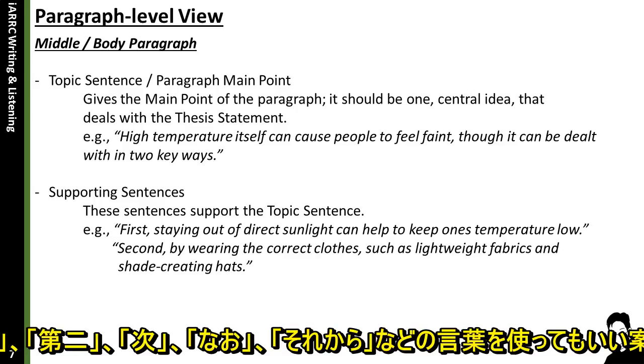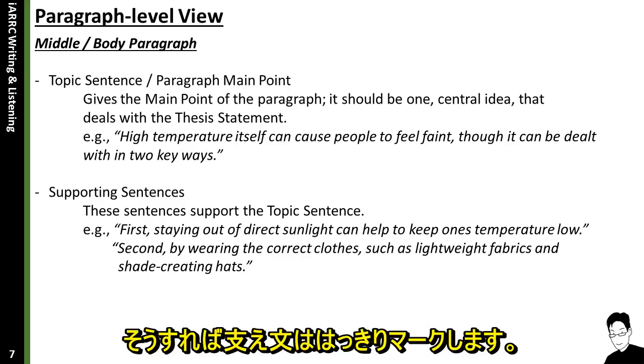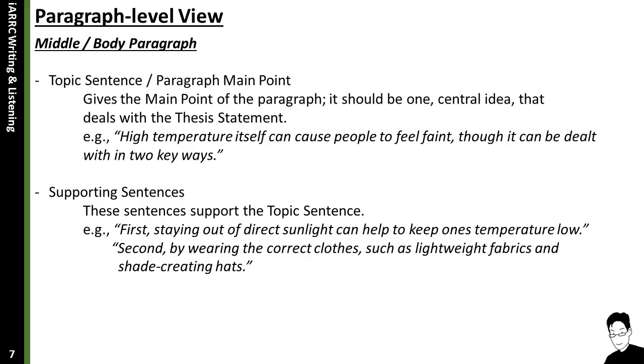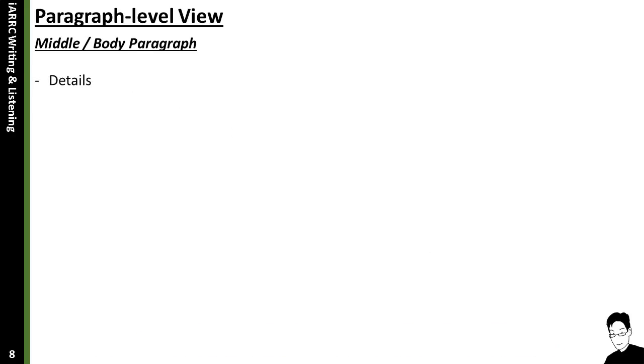Sometimes it is good to label the supporting sentences with words like first, second, next, moreover, after that, and so on. This helps to mark the supporting sentences clearly. Additionally, after the supporting sentences, the middle and body paragraphs usually give details.